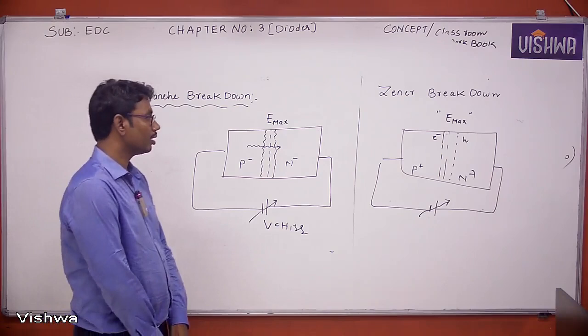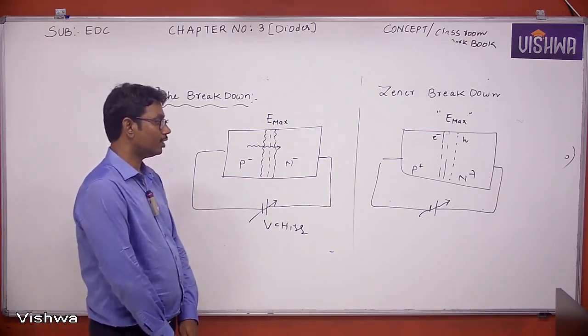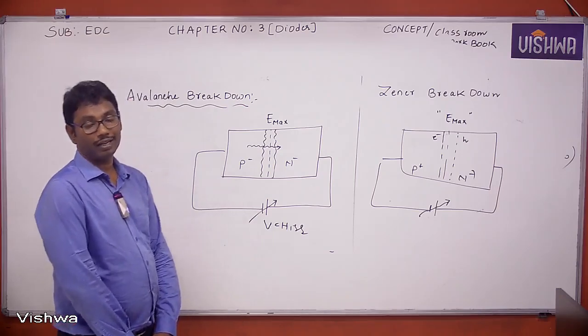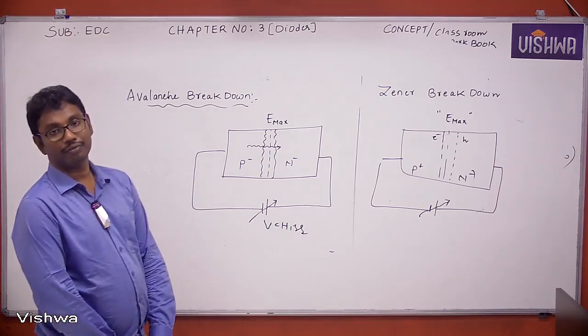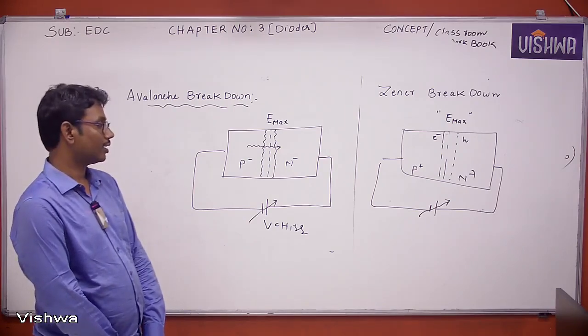Next point: for a heavily doped PN junction, the electric field is maximum.